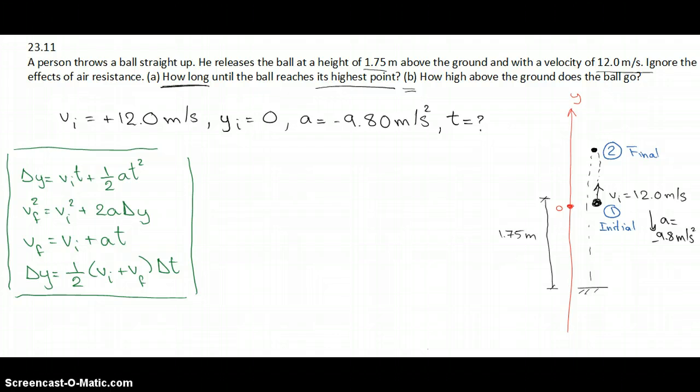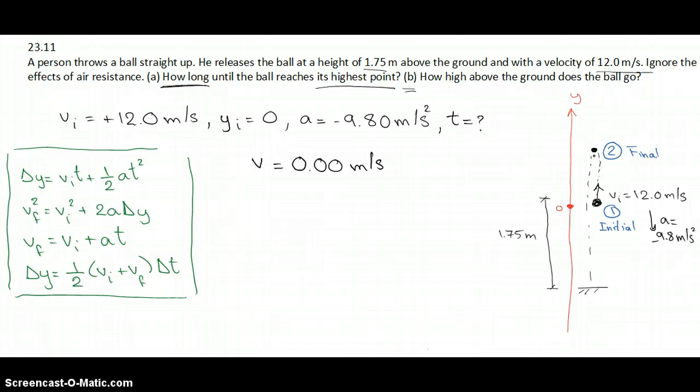What's special about that point? At the top, what happens to the ball? At that point, the velocity of the ball is 0 meters per second because the ball reaches this point with a positive velocity, turns around, and goes down. To turn around and change direction, it needs to stop instantaneously.